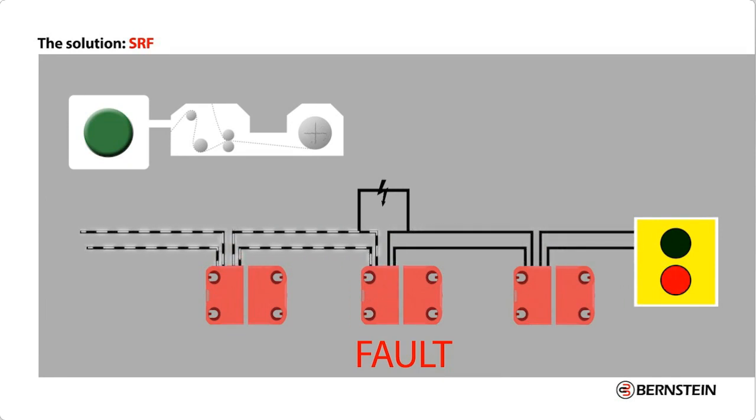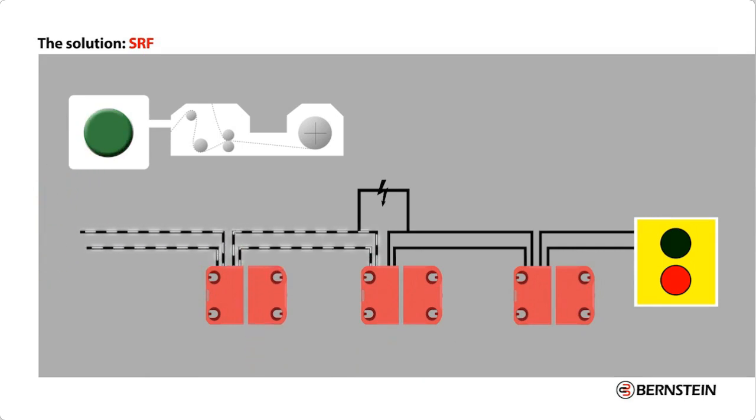This is the main advantage of the electronic SRF safety sensor. Thanks to SRF, the system cannot be restarted if a fault occurs. That's why it's called smart. That's why it switches safely, even in a series connection. With the smart safety sensor from Bernstein, the problem of fault masking is a thing of the past.